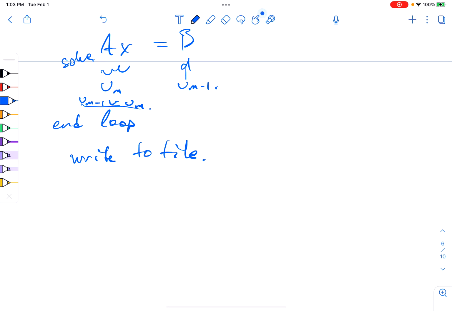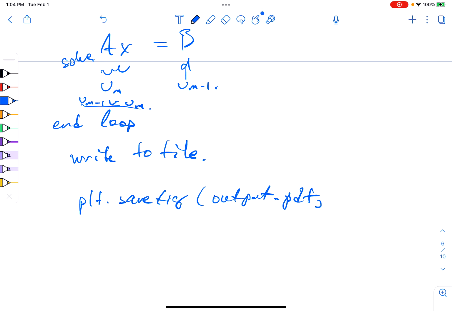Or if you're in Python, one of the good things about Python is that you can use something like the scientific Python library, and you can use commands like plt.savefig into output.pdf, and format equals PDF.